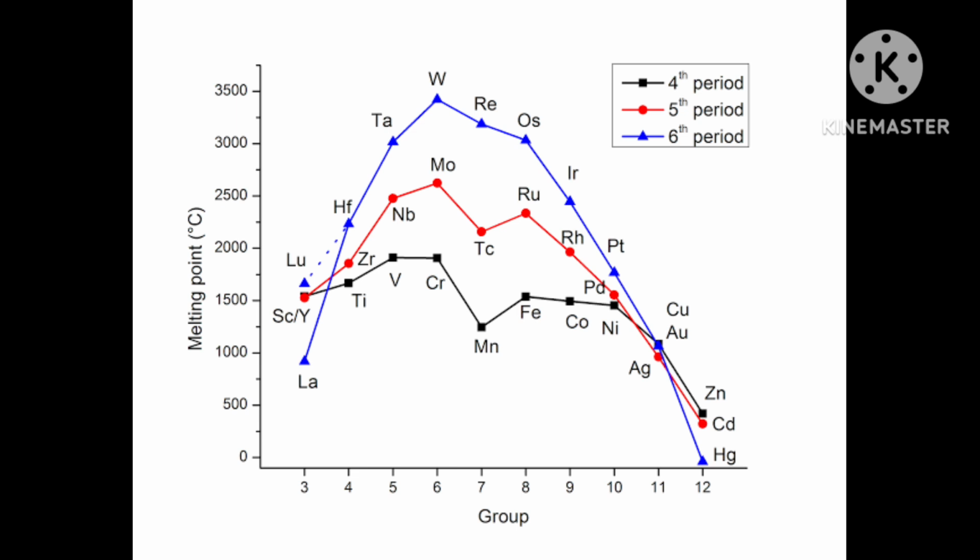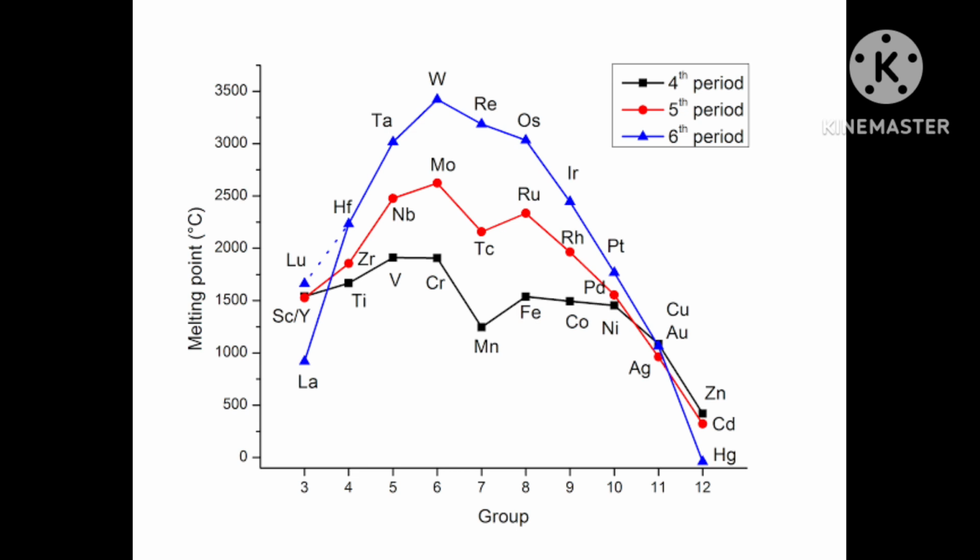Okay, now this electronic configuration, already I have discussed electronic configuration, enthalpy of atomization, all things I have discussed. Metallic and ionic radii, all things I have discussed.